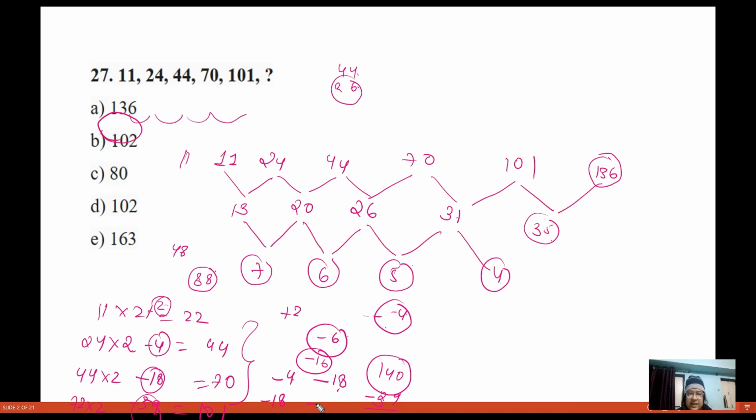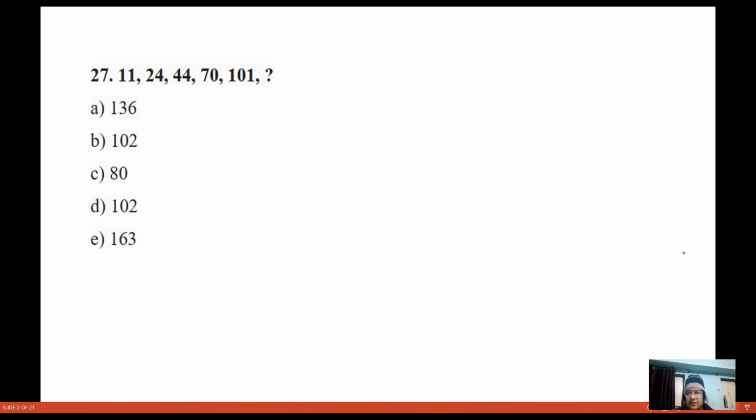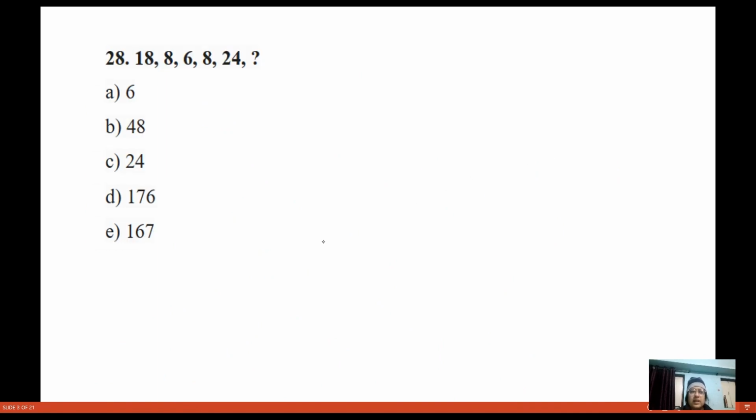And from minus 18 to minus 39, it is minus 21. So we are getting minus 6, minus 16 and minus 21, which shows no logic here, but the earlier logic is very clear, so that is it for us. Let us move on to the next question.